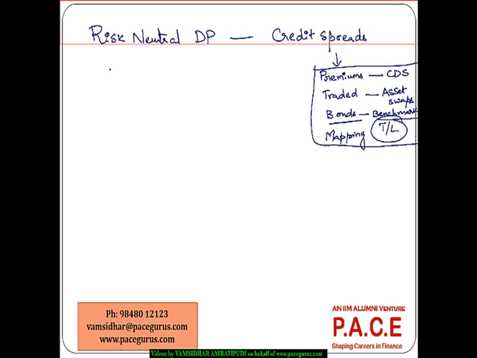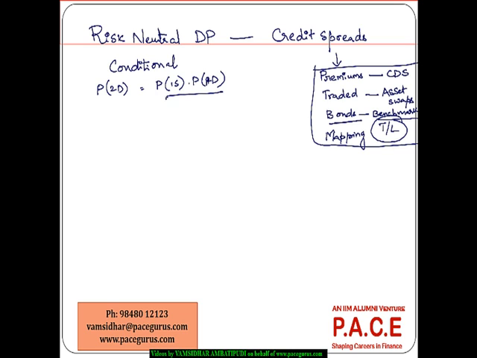We know that this probability of default is conditional in nature, if the default occurs. So when I talk about the probability of default in the second year, it is nothing but the probability of surviving in the first year and then the probability of defaulting in the second year.